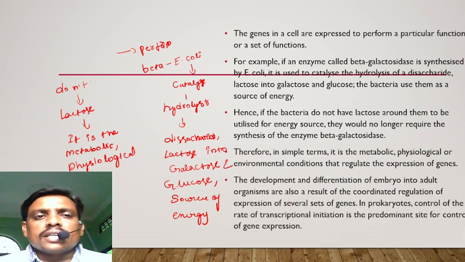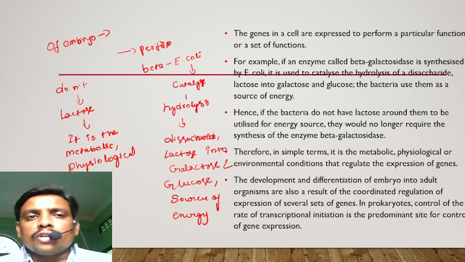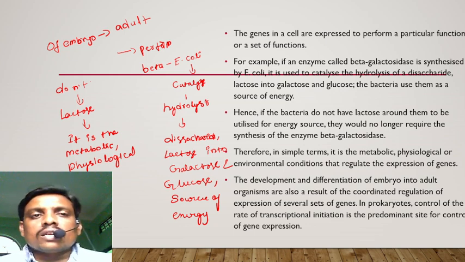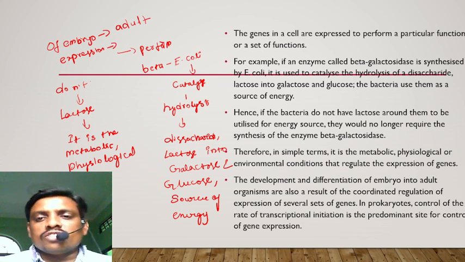If you take the embryo, during embryonic development, the development of the embryo into an adult is a complex process in organisms, and also results in the coordinated regulation of expression, especially for several sets of genes.